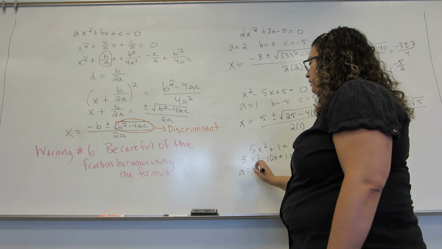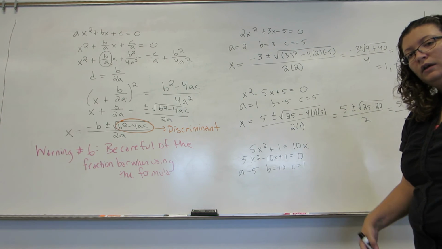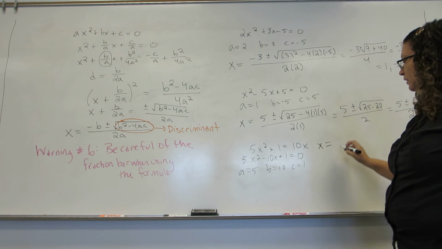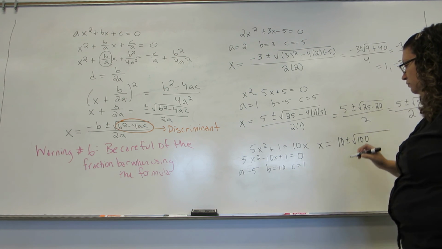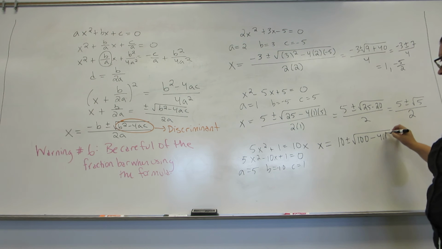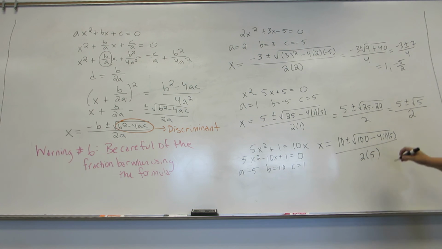Then I identify my a, b, and c, and plug into the formula. x is minus b plus or minus the square root of b squared minus 4ac all over 2a. So I get 10 plus or minus the square root of, well, this is 100 minus 20, or 80, all over 10.